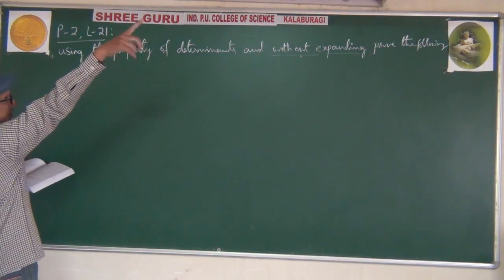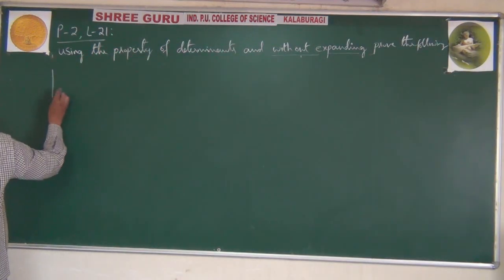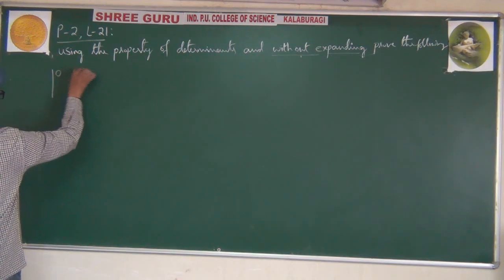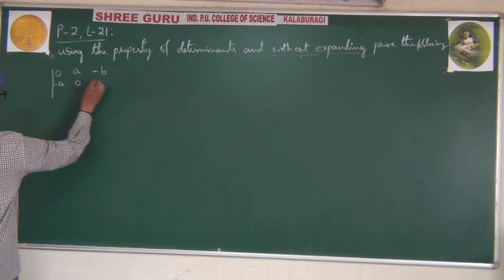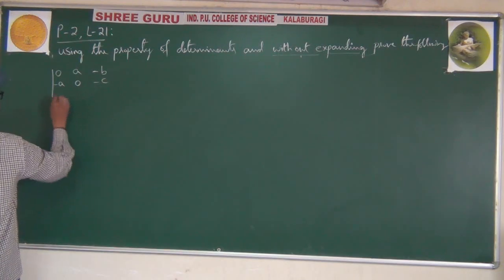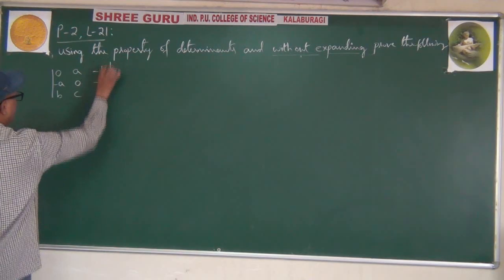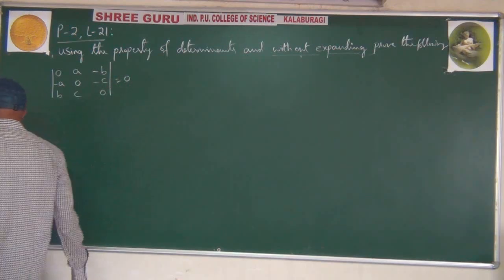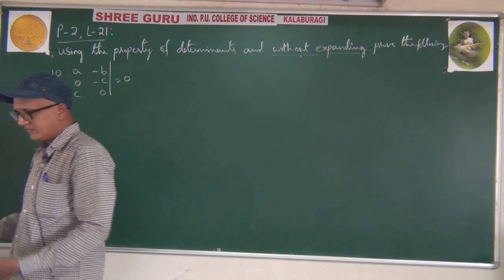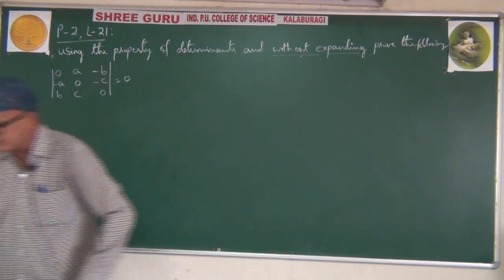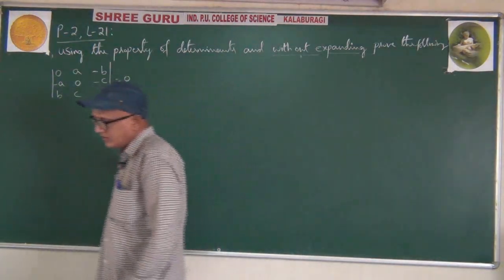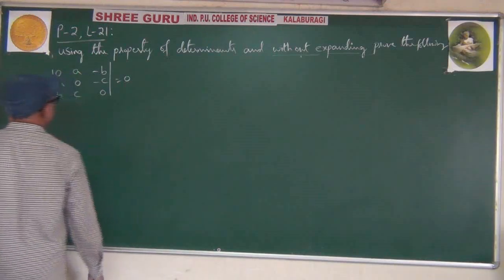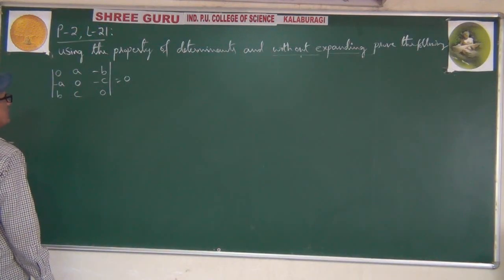Using the properties of determinants without expanding, show that the determinant 0, a, minus b; minus a, 0, minus c; bc, 0 equals 0.